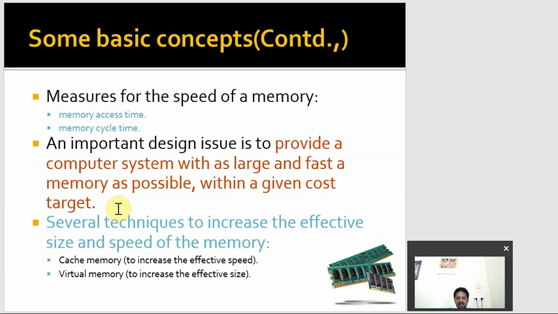To increase the speed, they use one memory called the cache memory. Our target is to increase the speed and size of the memory. For those purposes they have introduced two memories: one is called the cache memory and the second one is called the virtual memory. With the help of these two memories, they increase the speed and size of the memory.